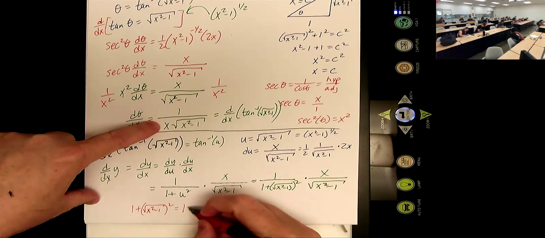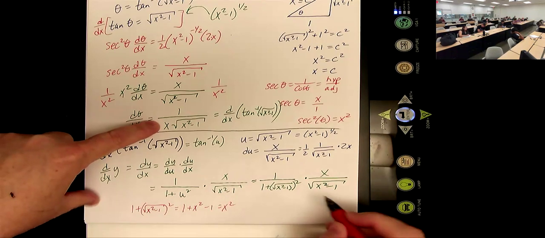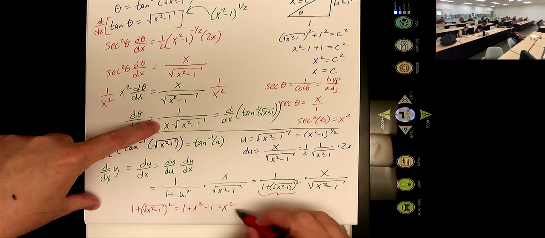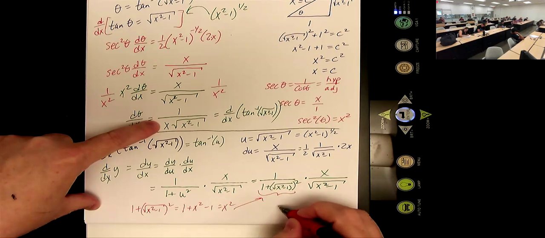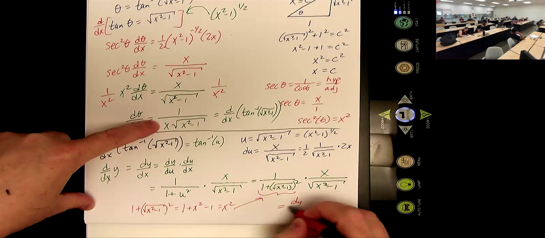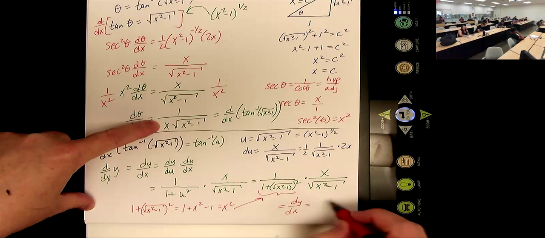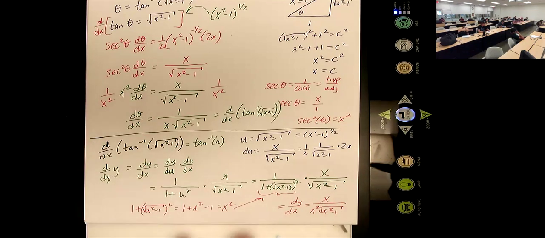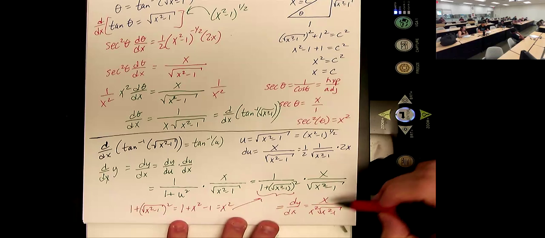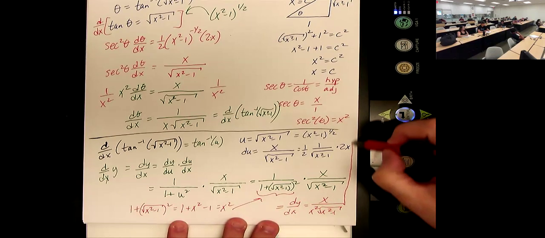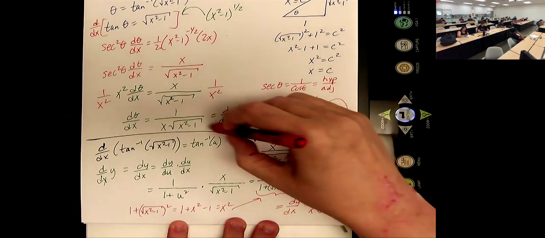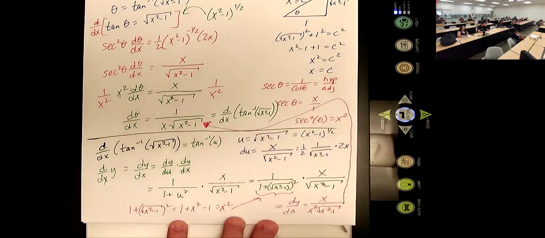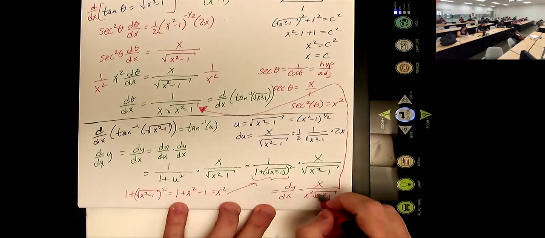This is 1 plus x squared minus 1, which is just x squared. So dy dx is gonna simplify to x over x squared times square root of x squared minus 1. And after we cancel out, we are back up to that one. Cancel an x on top and bottom, and we get that one.